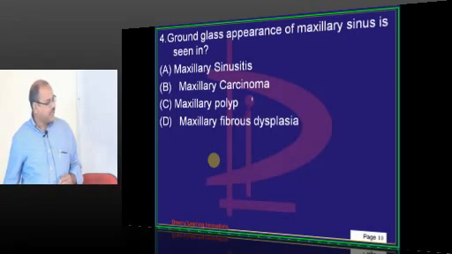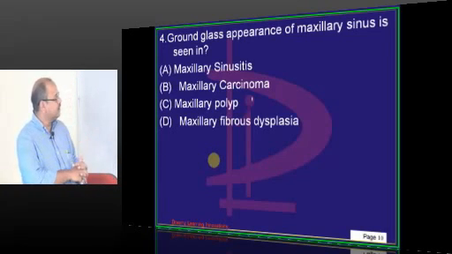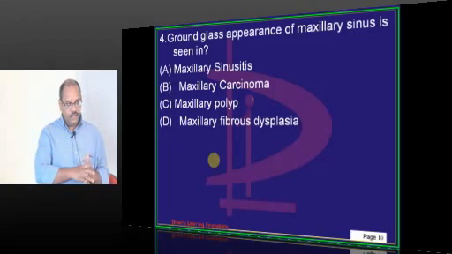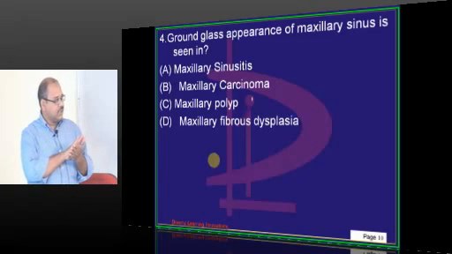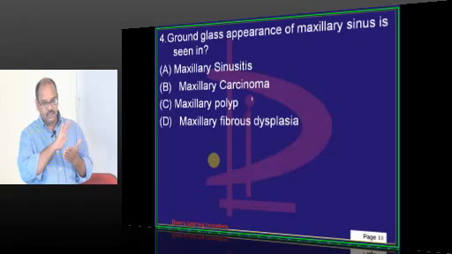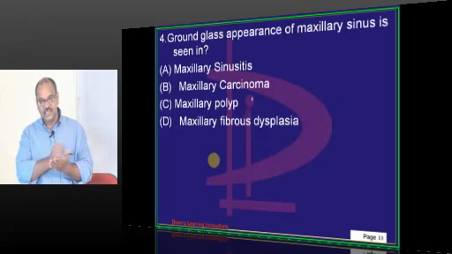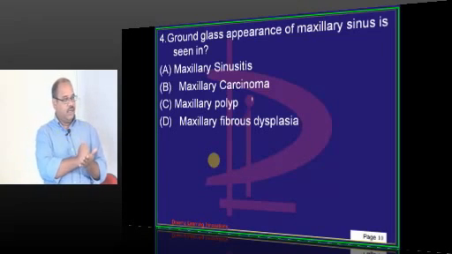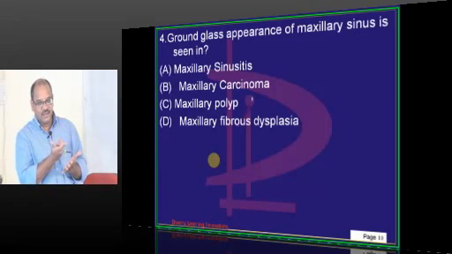The characteristic radiological feature of fibrous dysplasia is ground glass appearance of the maxillary sinus. The bony covering in the radiological picture resembles ground glass, that is, when you grind glass, it becomes hazy, both transparent and hazy.